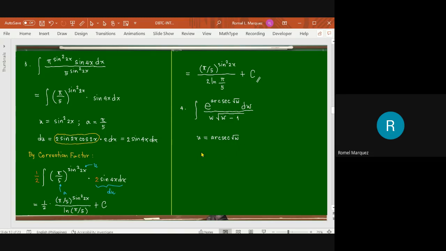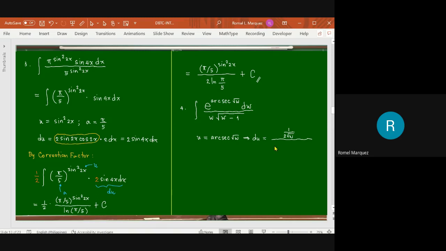Okay? What is its differential? What is du, guys? Let's get first the derivative of this. What's the derivative of the square root? That is 1 over 2 square root of w, no? Then the derivative of arc secant is u' over u square root of u squared minus 1.